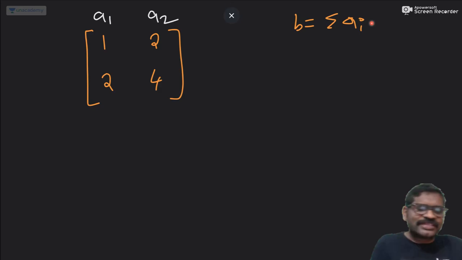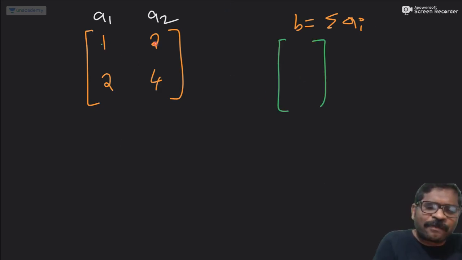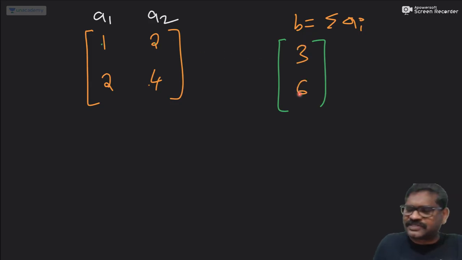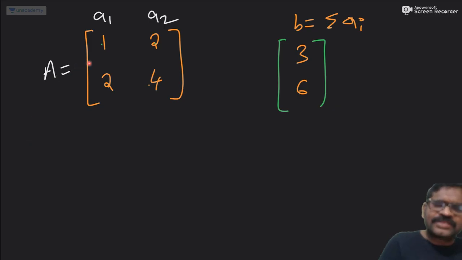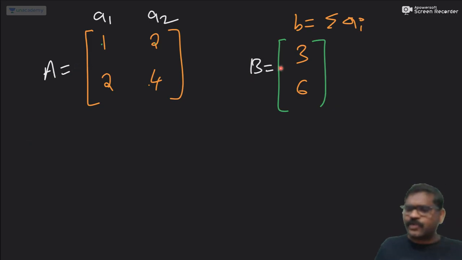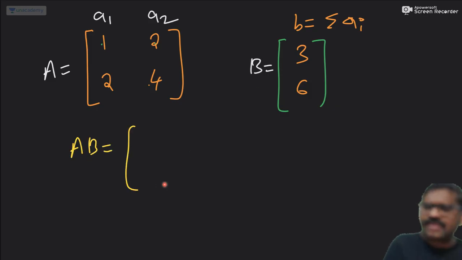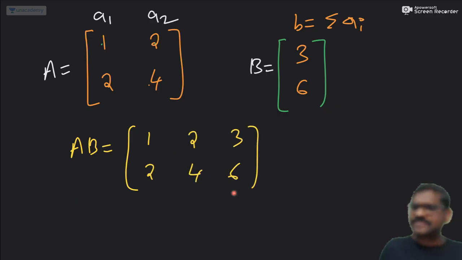Sigma Ai means you have to add A1 and A2. 1 plus 2 is 3, 2 plus 4 is 6. Now, this is A. This is B. Now, AB is the matrix with rows 1, 2, 2, 4, 3, 6.